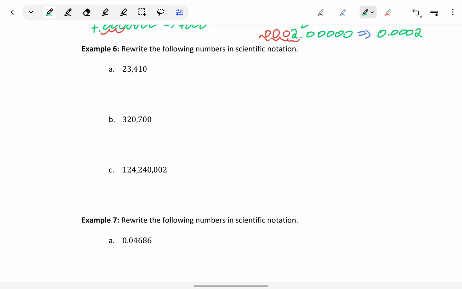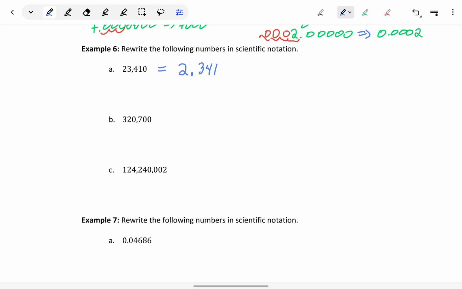What we want to do in example 6 is rewrite each of these numbers in scientific notation. Now we have more digits present, so one more step that we're going to add to this is to make it clear that when we do this, we put the first digit and then a decimal place, regardless of how many digits we have in our number. So we'll rewrite this as 2.341.